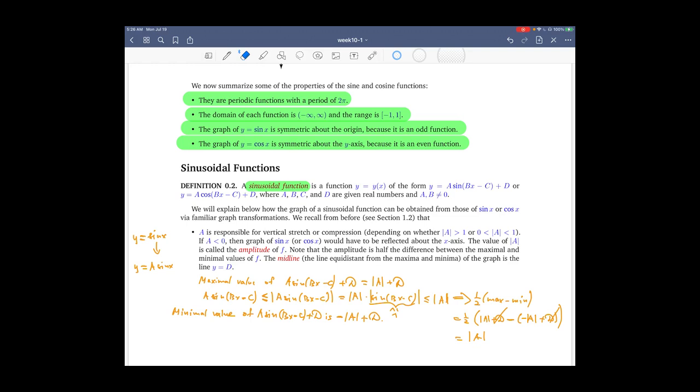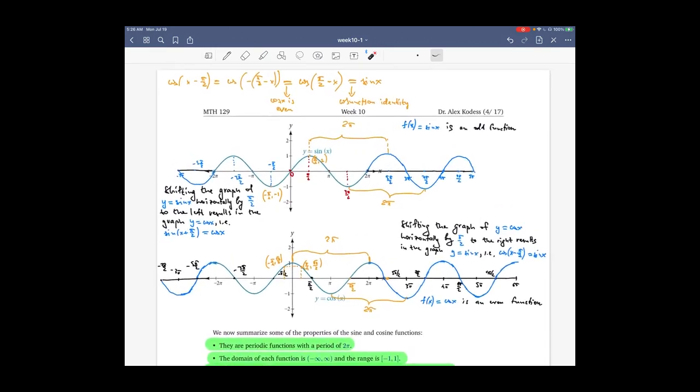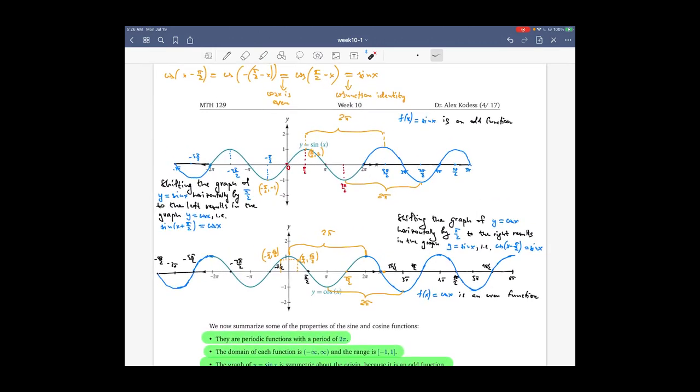Another important concept here is the so-called midline. Midline is the horizontal line with respect to which the graph of this function will be symmetric. For the standard sine and cosine x, of course, the midline is the x-axis. Correction. It's not true that the graphs will be symmetric above the midline.